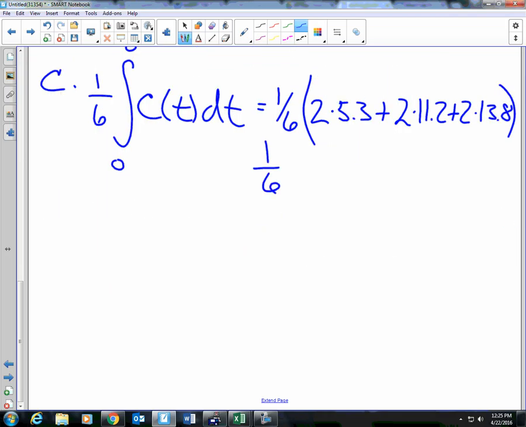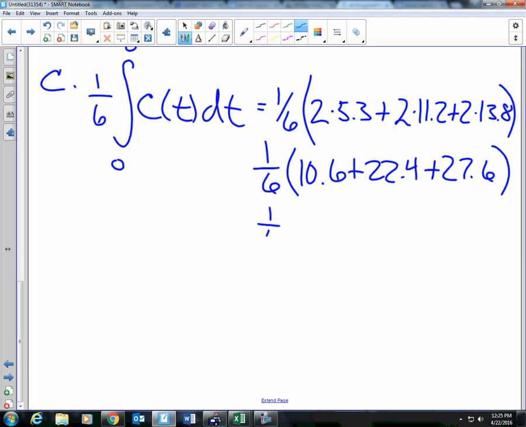So I get 1 over 6 times 2 times 5.3 is 10.6. 2 times 11.2 is 22.4. And 2 times 13.8 is 27.6. We add those up. 10.6 and 22.4 make 33 plus 27.6, 60.6. 1/6 of 60.6, 10.1 what?